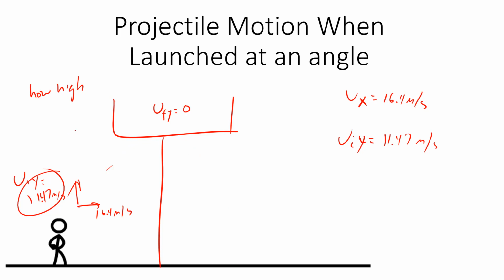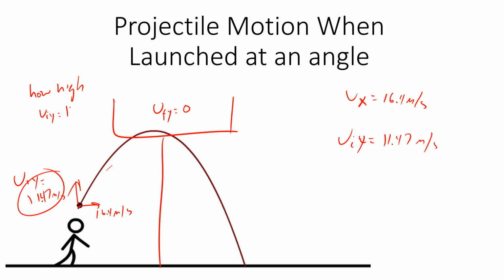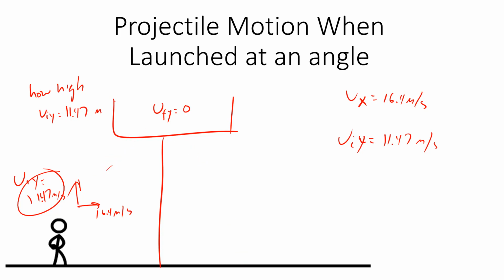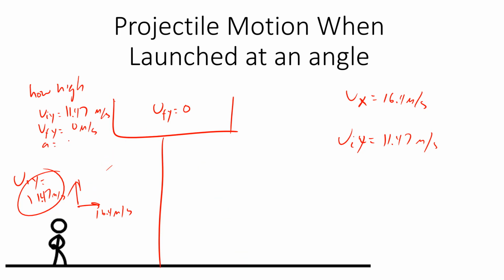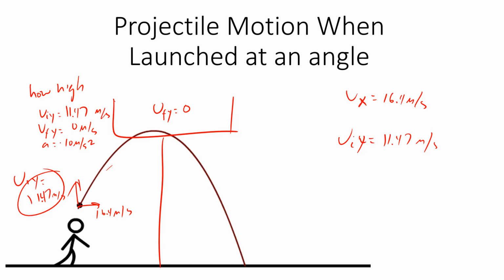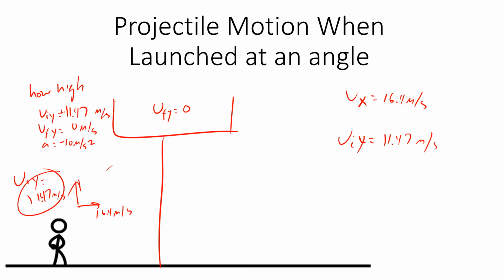If you're trying to find how high, you're going to have a given V_iy equals 11.47 meters per second, V_fy equals 0 meters per second, and an acceleration of 10 meters per second squared down. In this case, we'll call it negative because up was positive. Then we would solve for x.